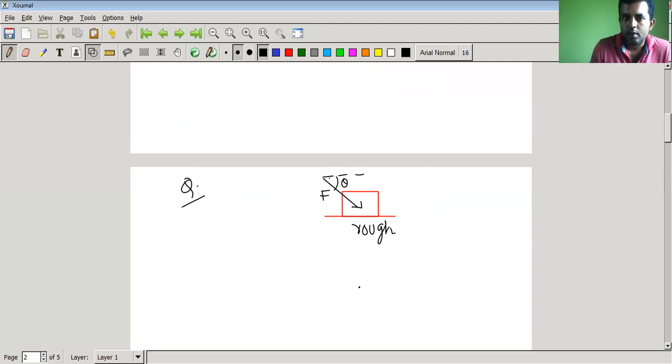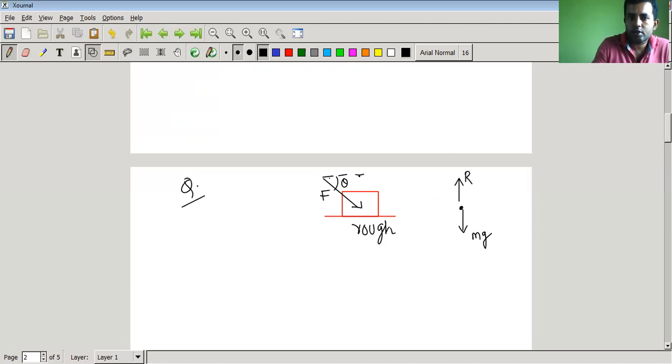Now again we'll do the same thing. We'll identify this block to be our system, and then we'll draw the free body diagram. So if I draw the free body diagram of this block, mg will act in this direction, and the normal force will act in this direction.